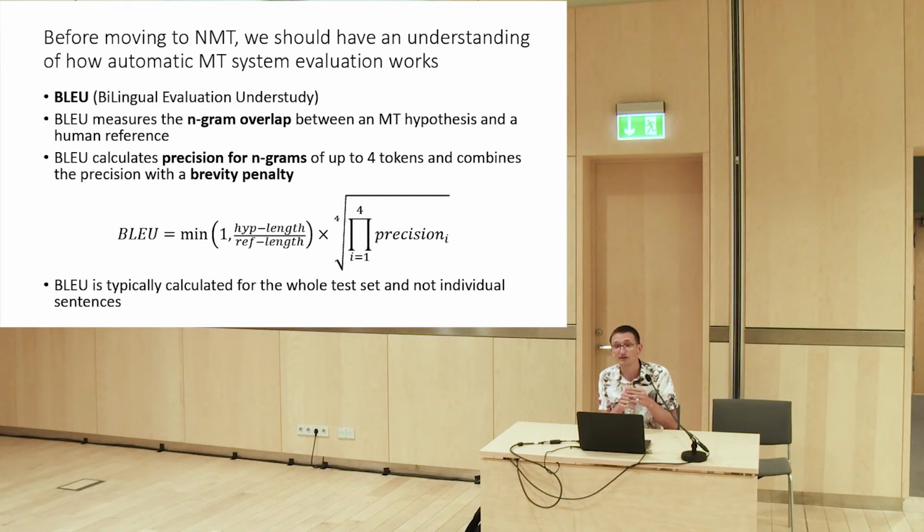There's an annual shared task where researchers develop methods for evaluation of machine translation systems. So the number of proposed methods increases almost on a yearly basis. But there is one method that almost everyone uses.